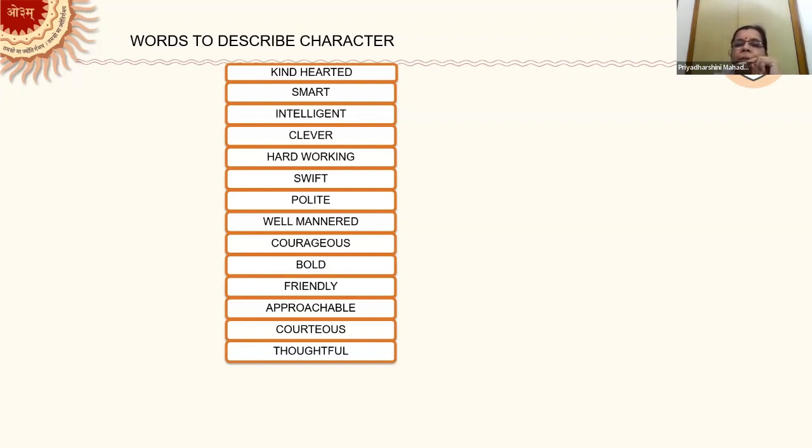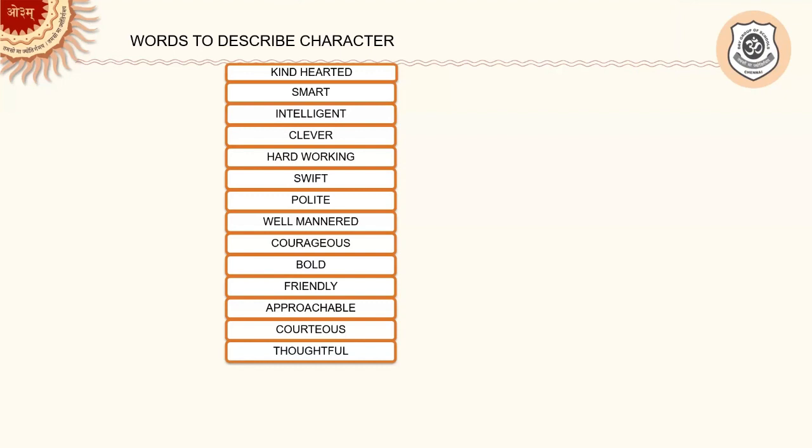Swift, polite, well-mannered, courageous, bold, very friendly, very approachable, courteous, thoughtful. All these words you can train them. At least they should be able to describe the character in 1 or 2 words, not more than that. That is more than enough for a class 3 child.